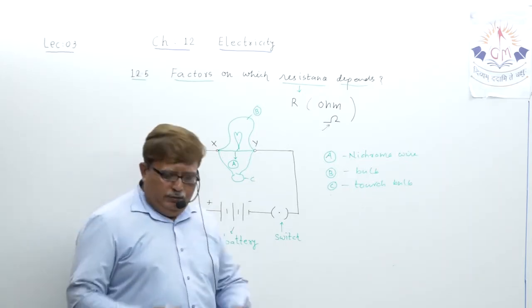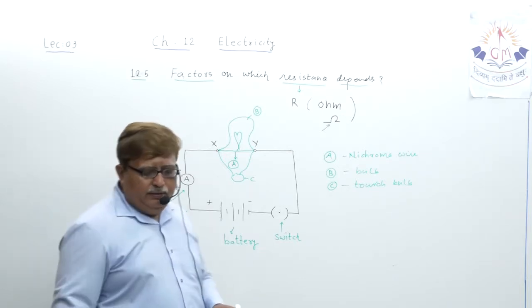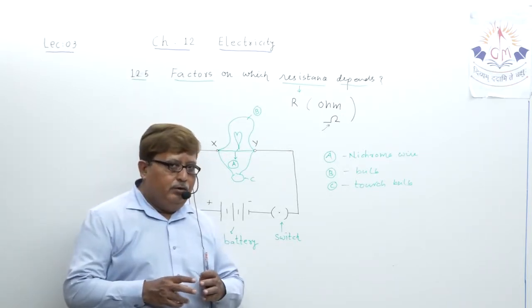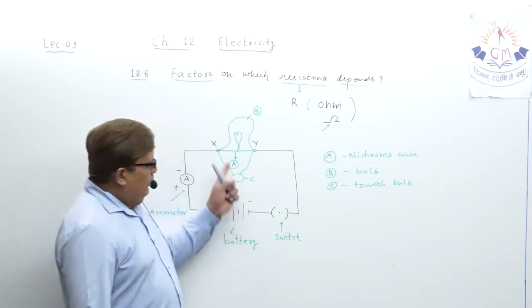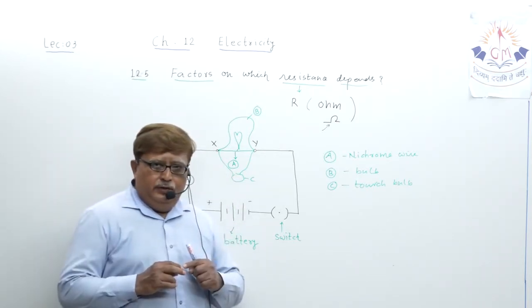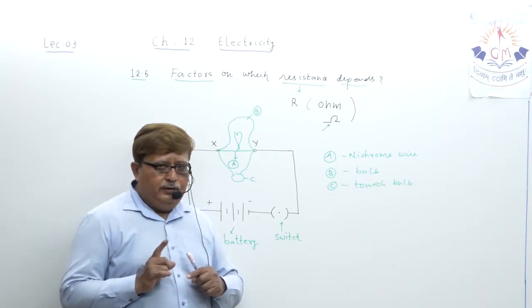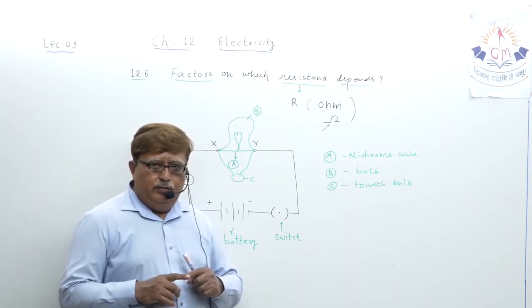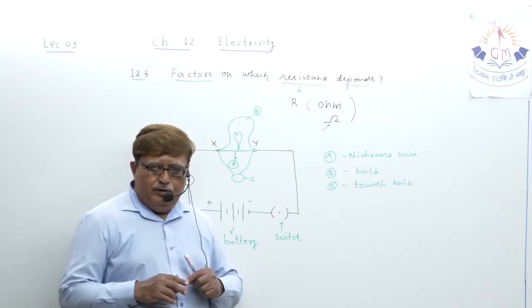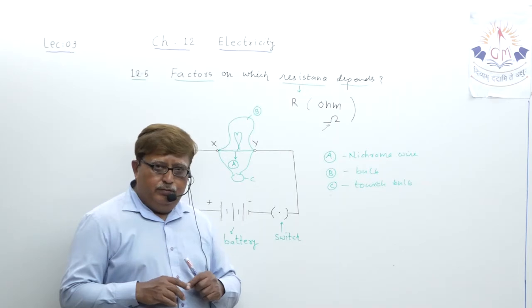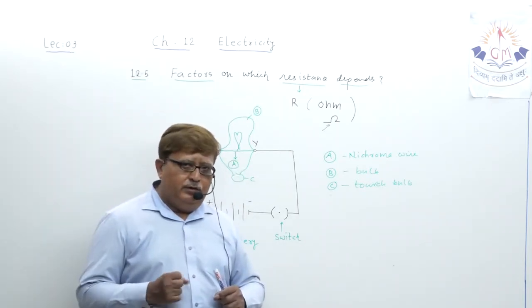So in all these three cases, whenever I try my best to close the electric circuit by filling the gap with either the nichrome wire, electric bulb or torch bulb. Why am I taking these different devices? Because nichrome wire is a different material.